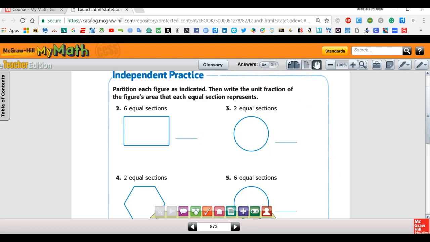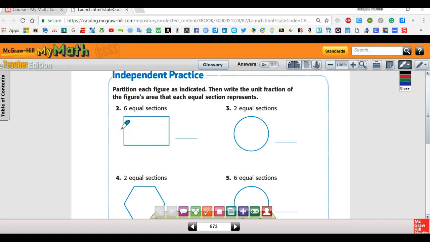Okay, so partition each figure as indicated. Number 2 says I have to partition it into how many sections? 6. Could I do this? Yes, I could do that. Could I do it this way? I could, and as long as you have 6 sections, obviously they're not going to be perfect.